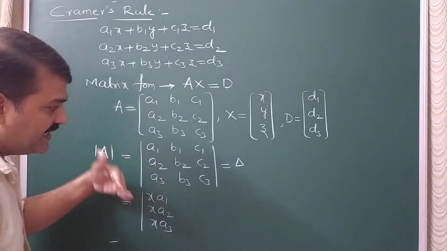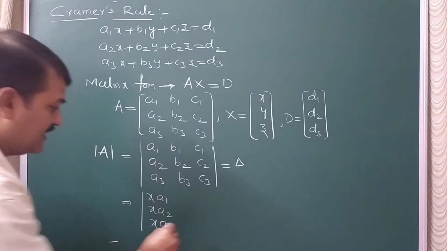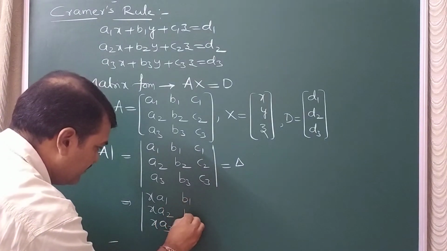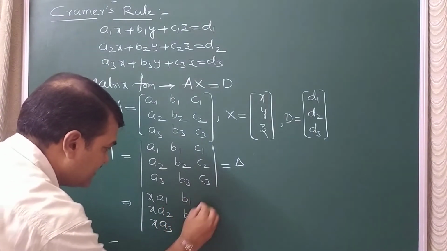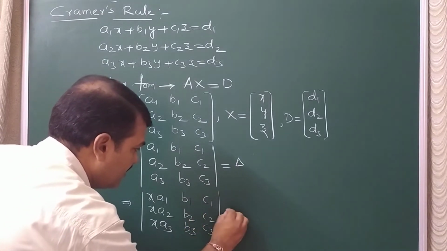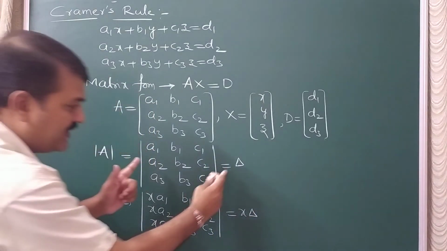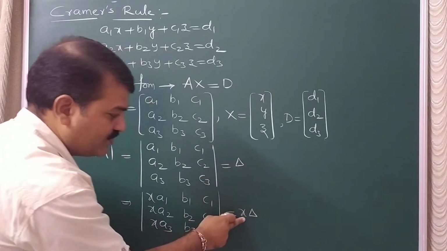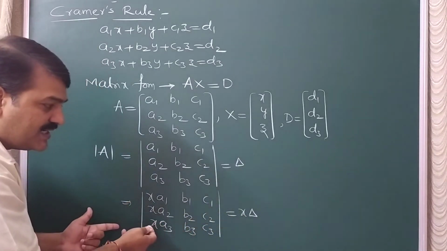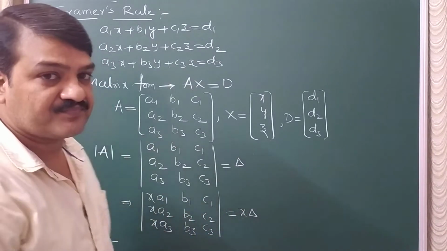The second column and third column I am keeping as they are. So the determinant is multiplied with x, and clearly you can see here that x is multiplied to the first column.